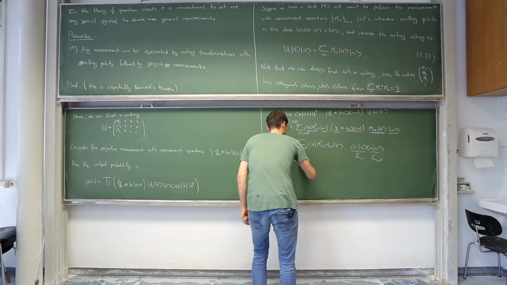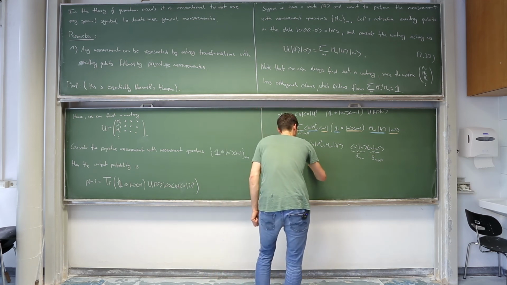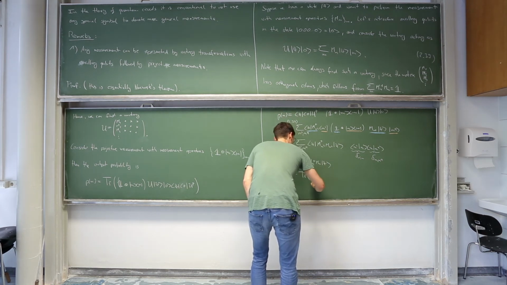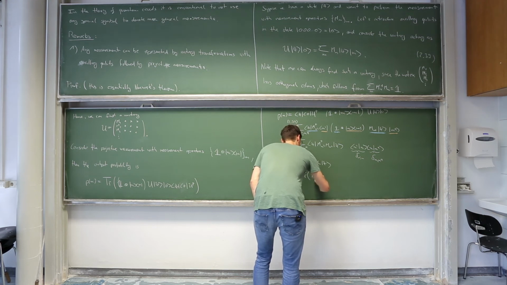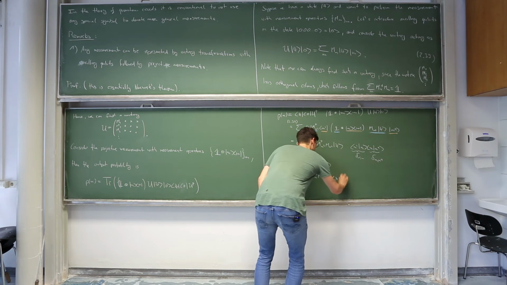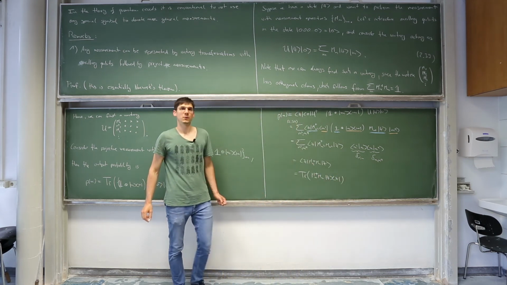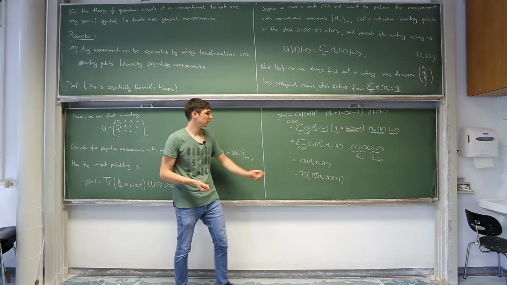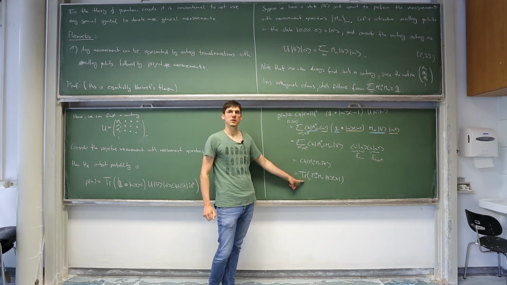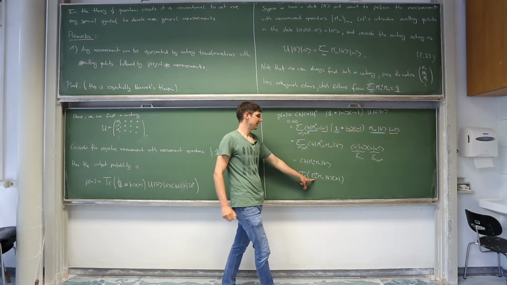So we have then psi M dagger M psi, which is the trace of M dagger M psi, and this is actually what we wanted. Namely, this is now the probability to get the outcome M if we perform a measurement with the measurement operator M.